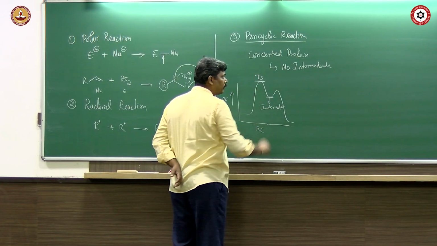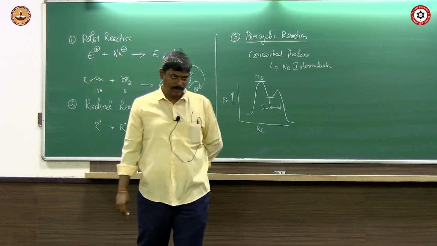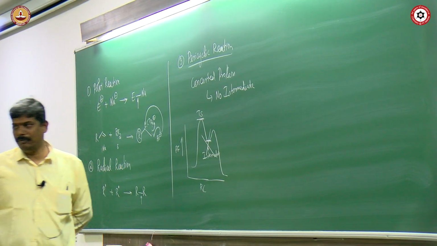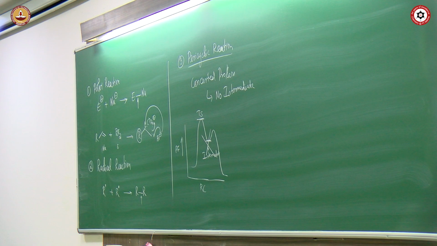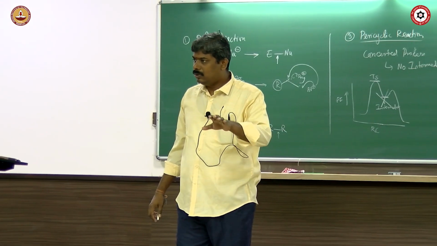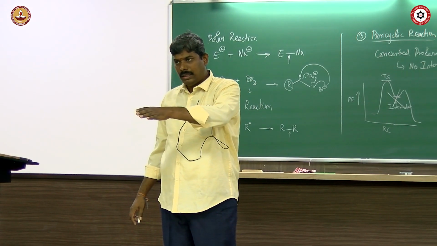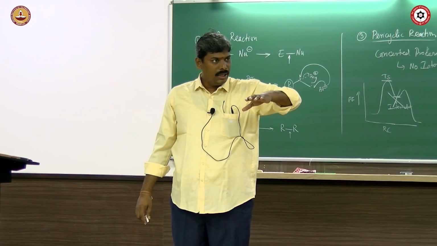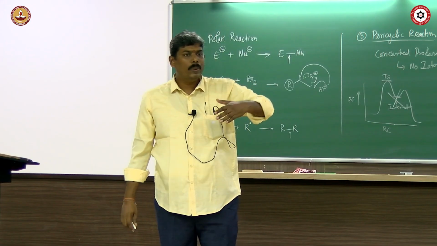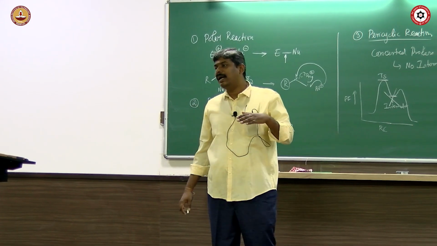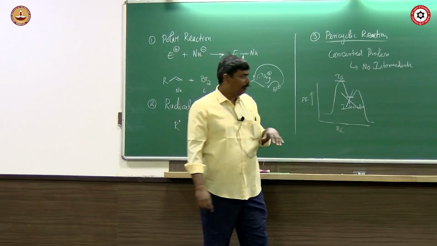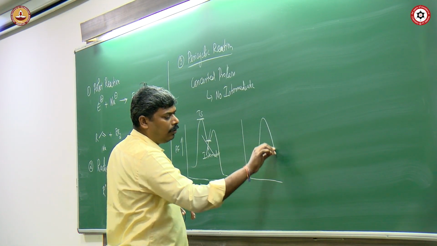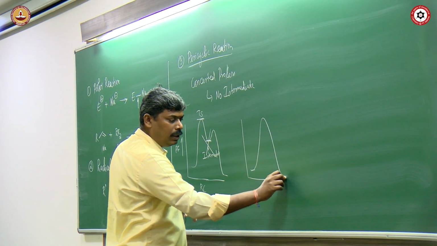This is a transition state. So in a pericyclic reaction, you do not have this forming. This is a concerted process without going through an intermediate, but there is a reorganization of electrons in a molecule, creating a new bond through a cyclic transition state. Okay, which means this is for a typical reaction. In a pericyclic reaction, you would potentially have either of these two, depending on the reaction.